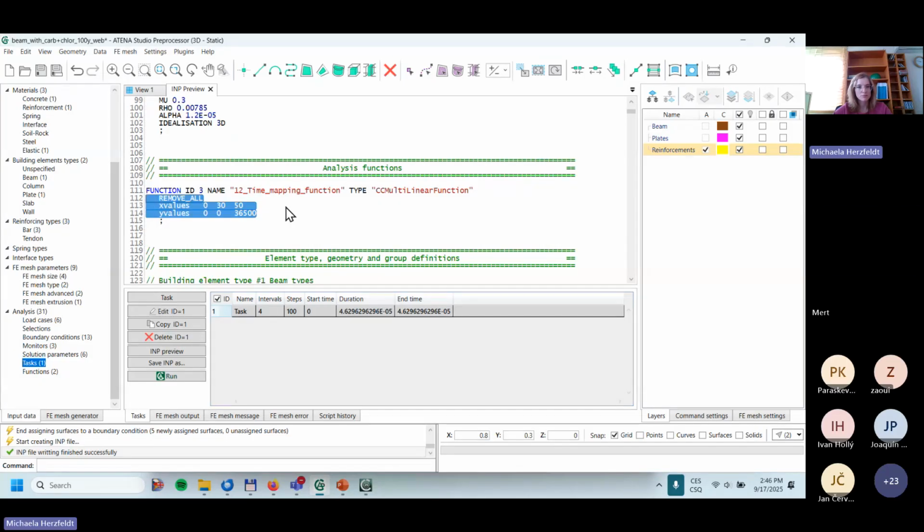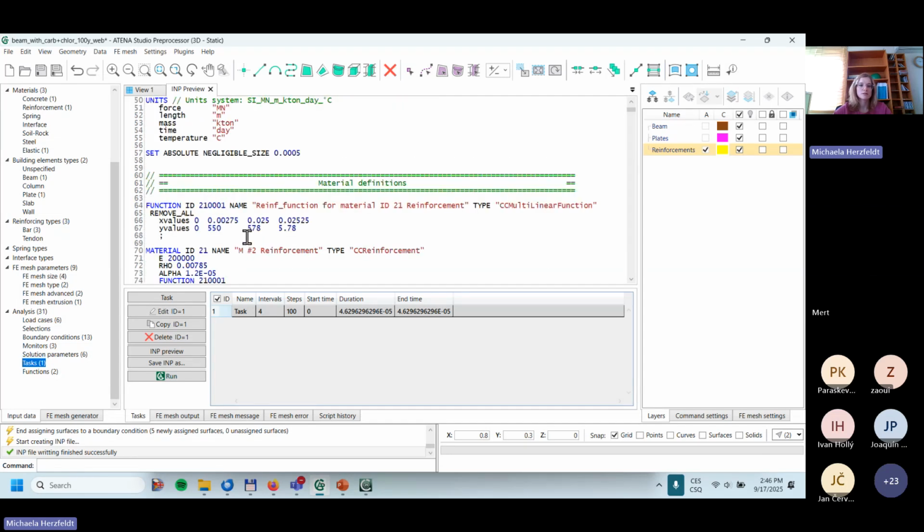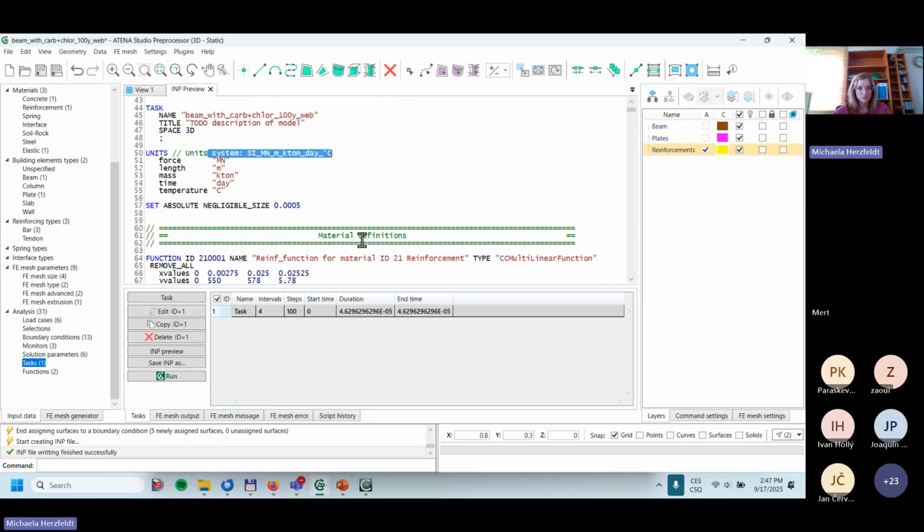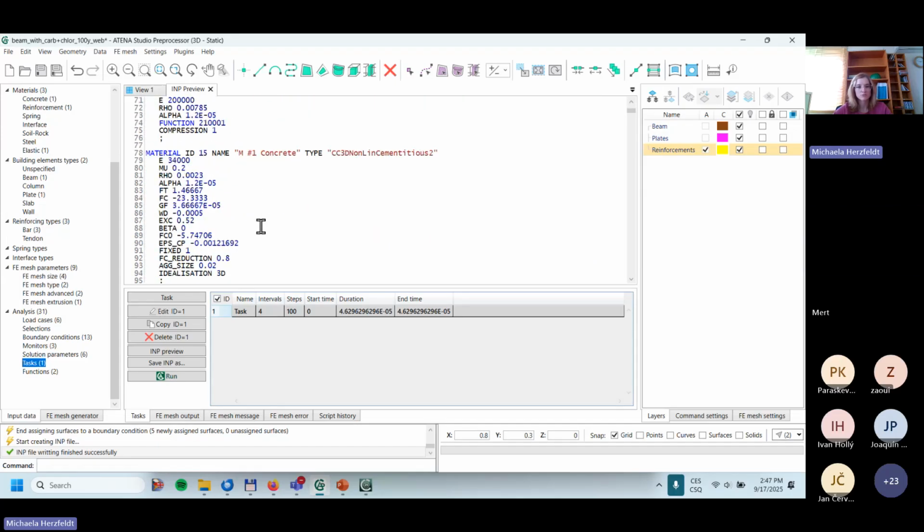Like this is the time mapping function from 30 steps to 50 steps, from 0 time to 100 years. And these values should always already be transformed into the default unit system that you select as a user.